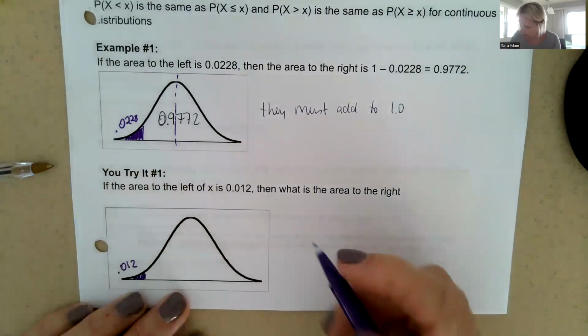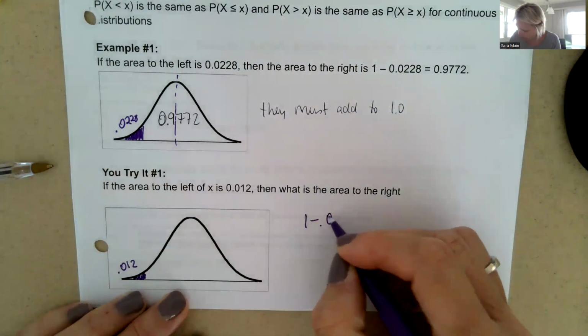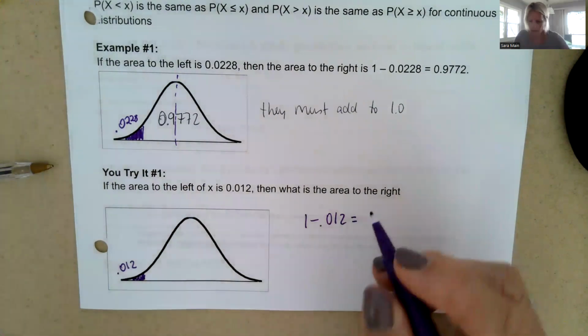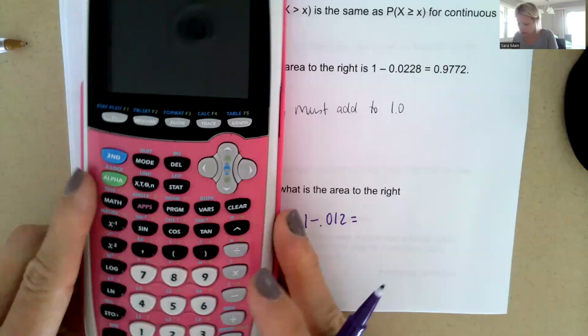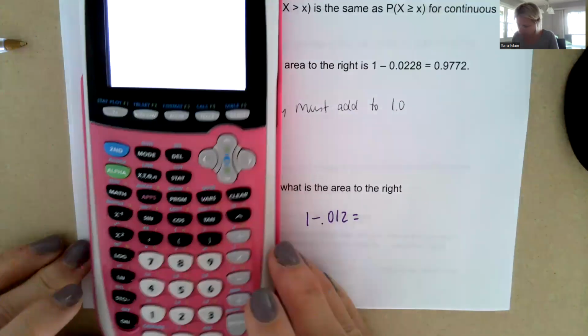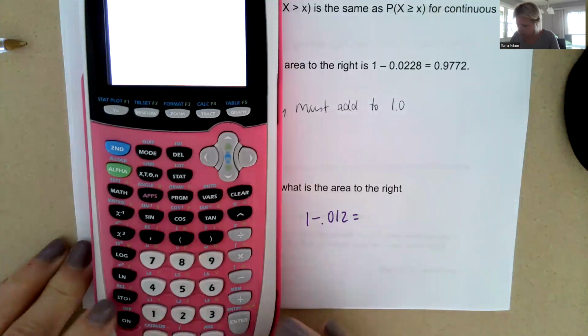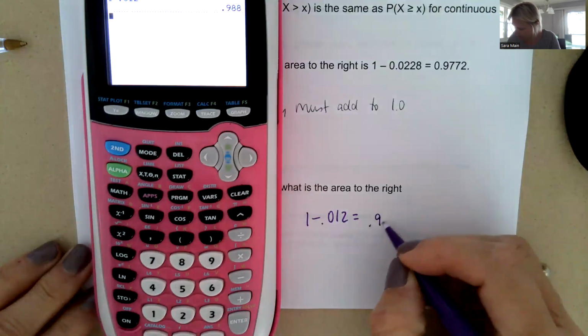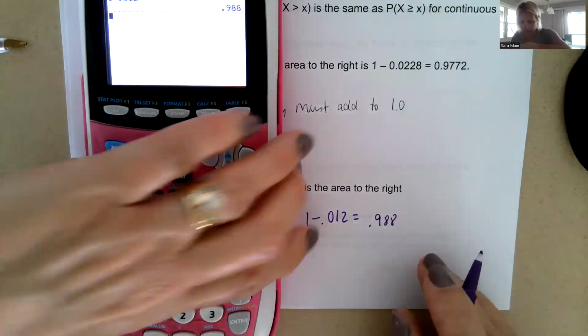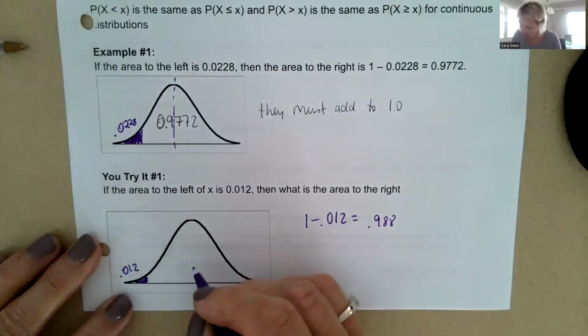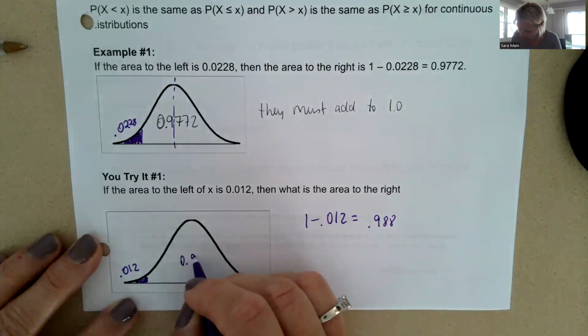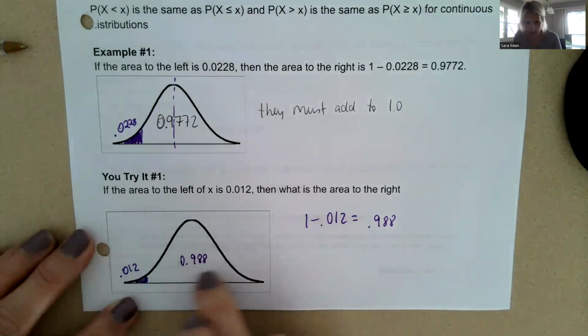So this area over here would be 1 minus 0.012. So of course, we're going to get out our calculator and do 1 minus 0.012, and we get 0.988. So the area here is 0.988, and they add to make 1.